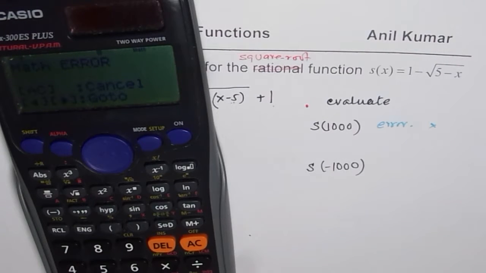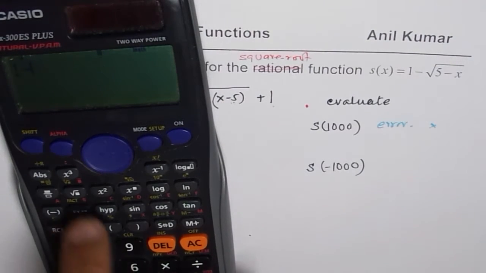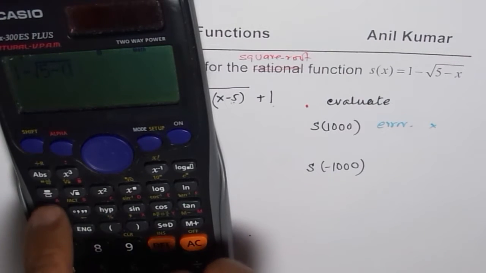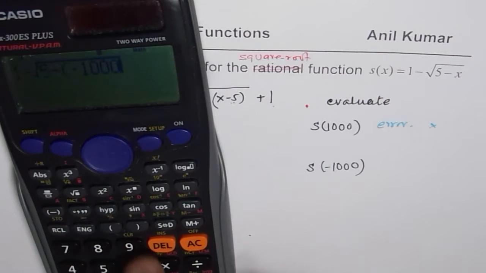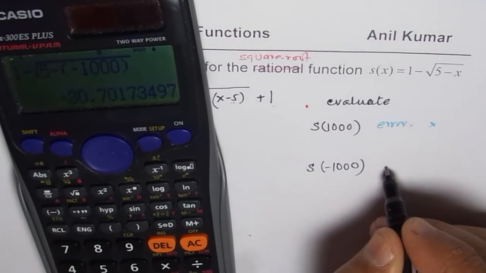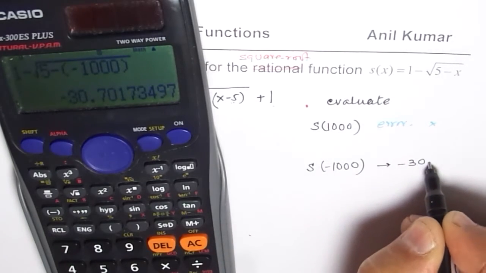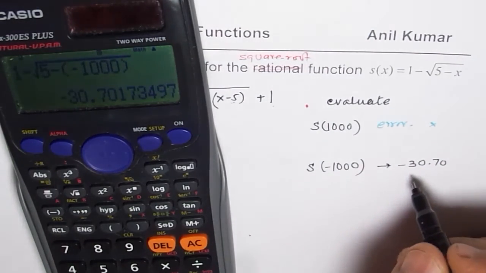The second one is 1 minus square root of 5 minus, within bracket, negative 1000, right? So when you do negative 1000, you get a value, and this value for you is approximately minus 30.70, which is a very high value, right?